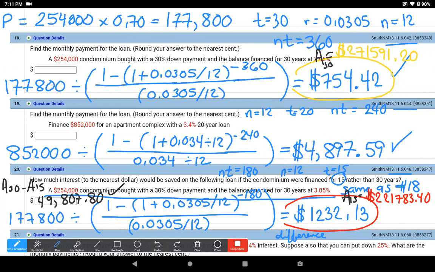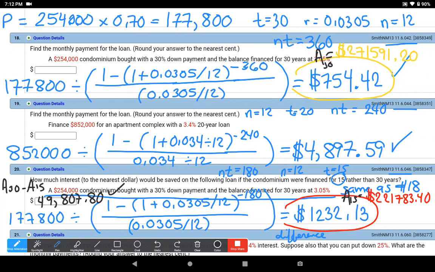So the book got 49,805, and I got 807, almost 809. Oh, it says to the nearest dollar. So I would have 808 here. So I would be about $3 off on my calculation. But I think it's in the rounding that I did in one of the problems, right? Because I didn't leave anything in the calculator.